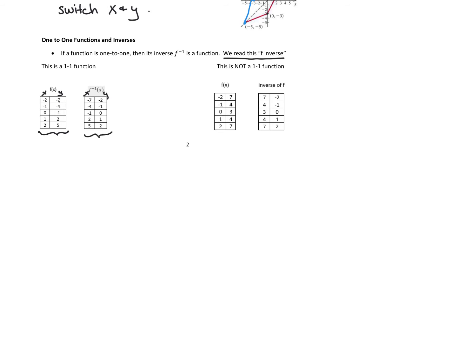Notice for this example, it is a function. -2 goes to 7 and 2 goes to 7. But if you think about that, we have -2 going to 7, and we also have 2 going to 7, f of x.